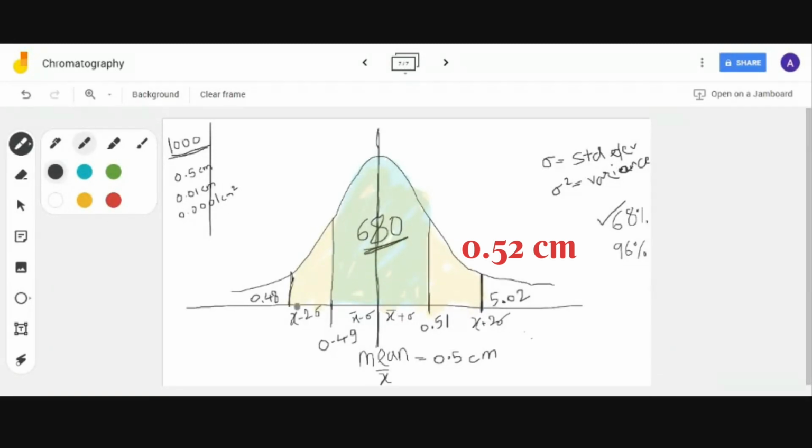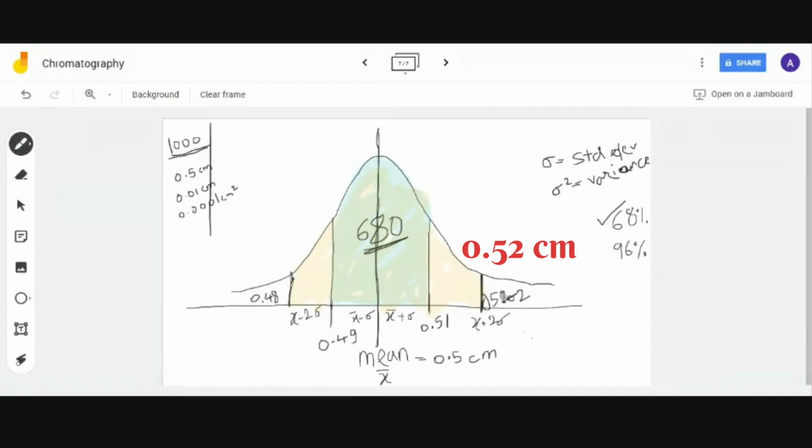I shouldn't have written 0.48. Sorry, यहाँ पे 0.5 आएगा. I'm sorry, it is my mistake. 0.52 आएगा. Yes, yes.